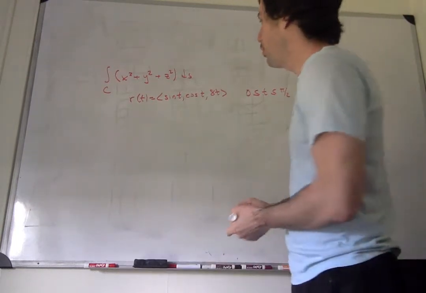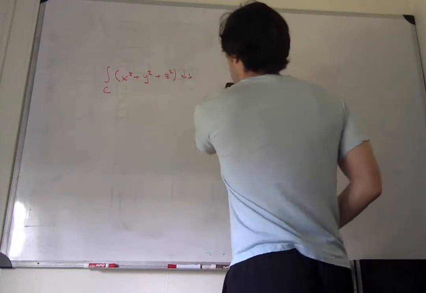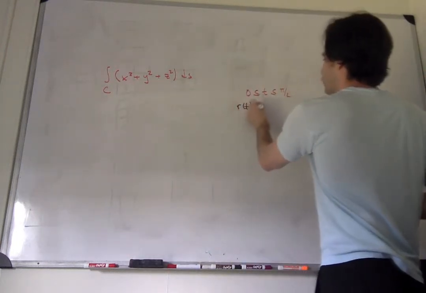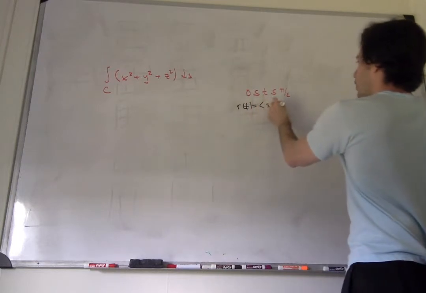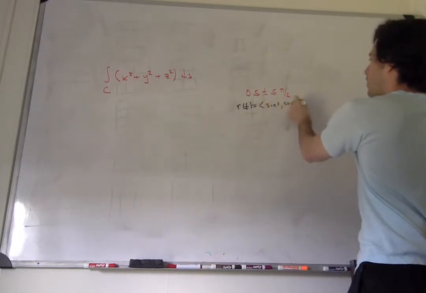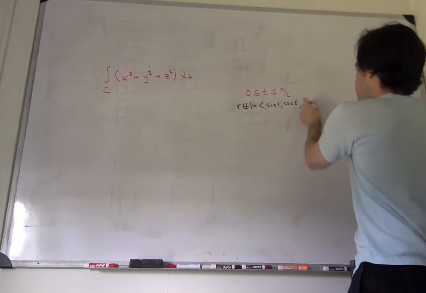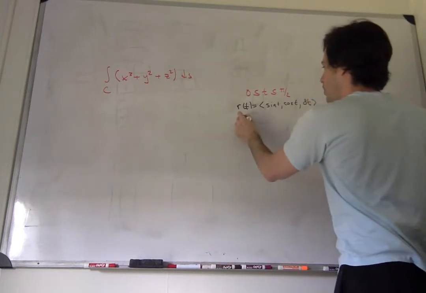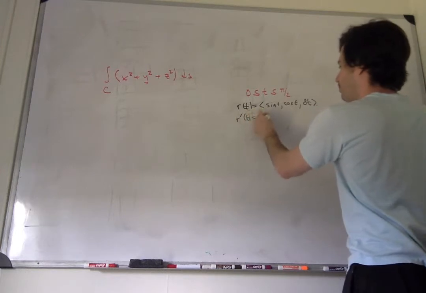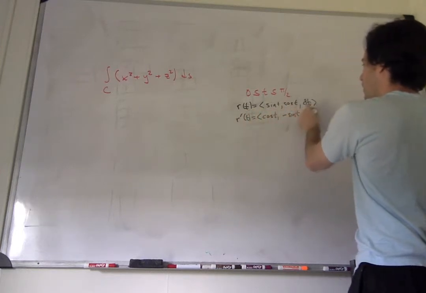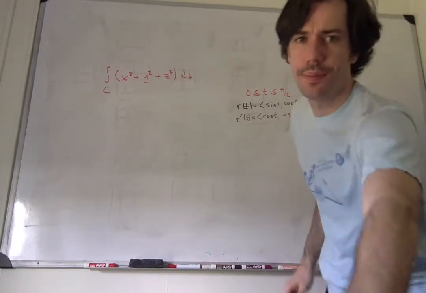Okay, so first thing you got to do is take a derivative of your position vector. So the derivative of this is cosine t, negative sine t, and 8, right?